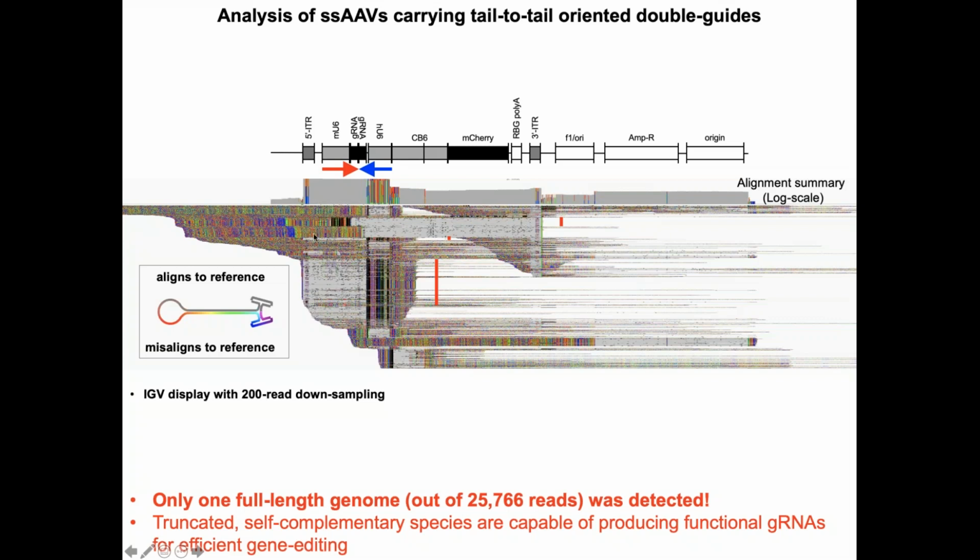So what I'm showing you here are populations that span from the 5' ITR to the first guide RNA sequence, and then vector genomes that span from the 3' ITR all the way to the second guide RNA sequence. So these are actually being packaged as individual units.